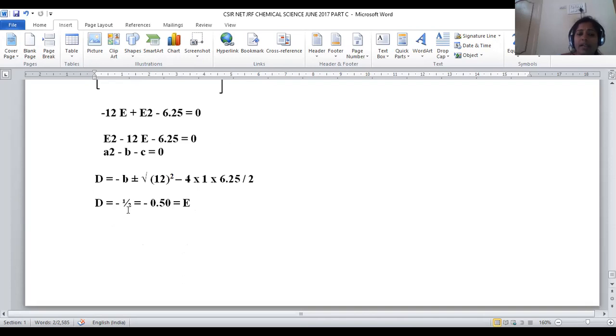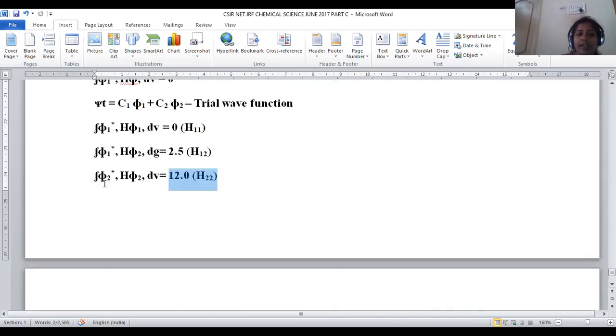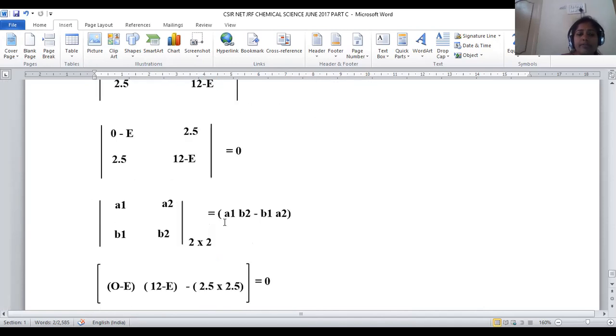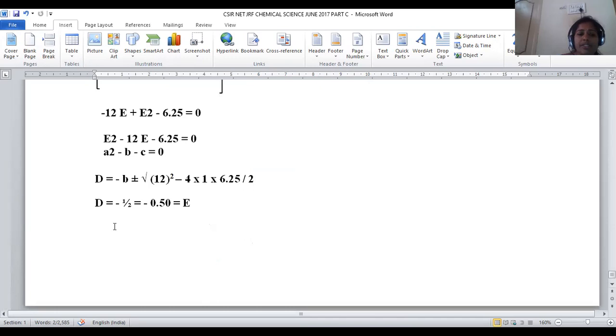So it can be applied in the equation. What do we have to predict? The ground state energy is to be predicted. For that purpose, we have the equation: x is equal to minus b plus or minus root of b square minus 4ac, divided by 2a.